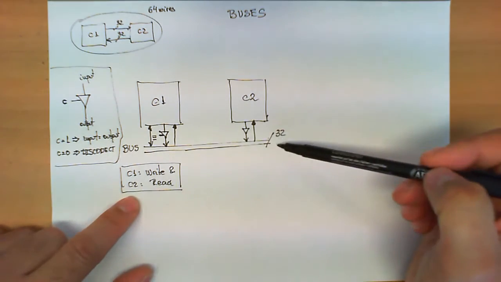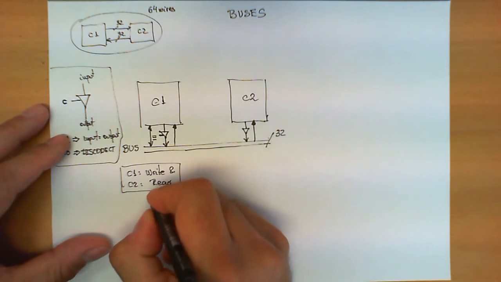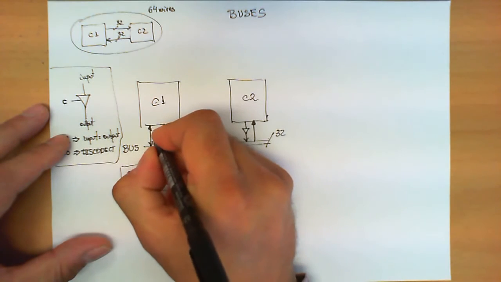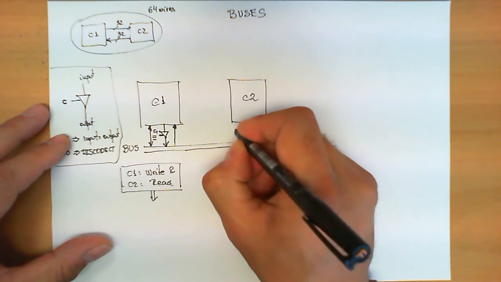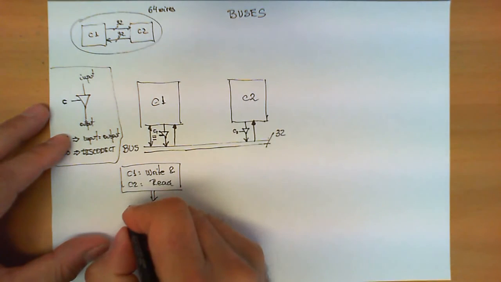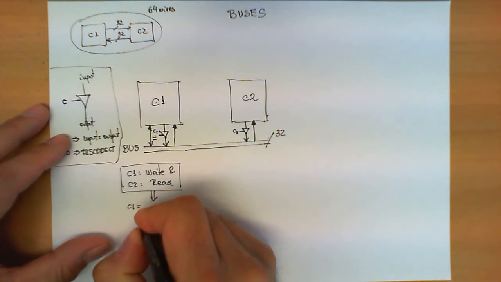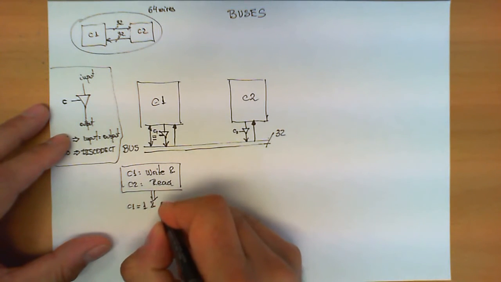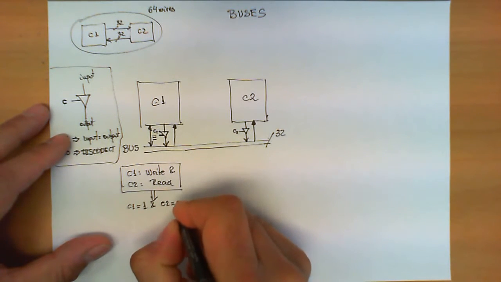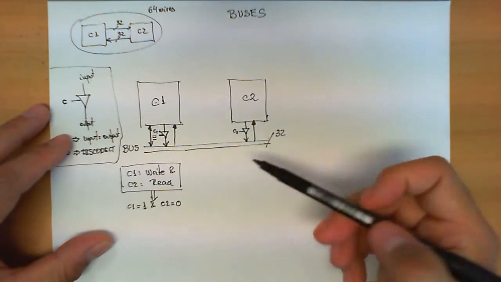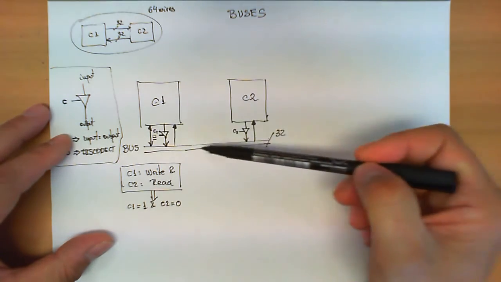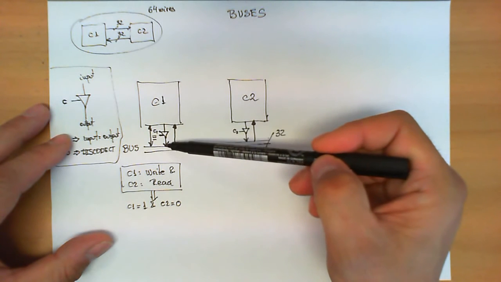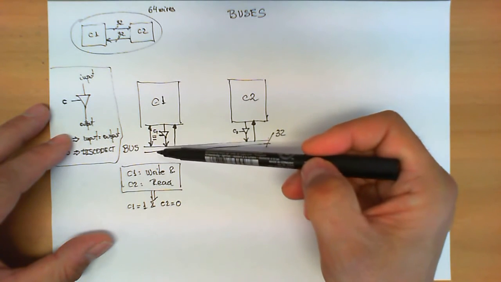So in this case, if we call this control signal C1, and this signal C2, therefore C1 has to be equal to 1, and at the same time C2 equal to 0. Under these conditions, on these wires only one circuit is setting or forcing a set of values and the other circuit is reading.